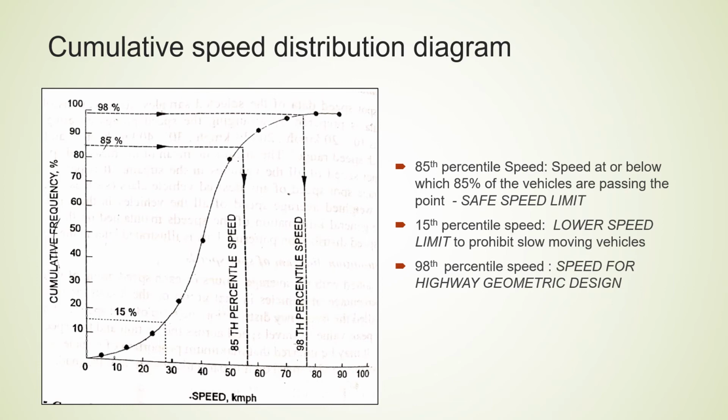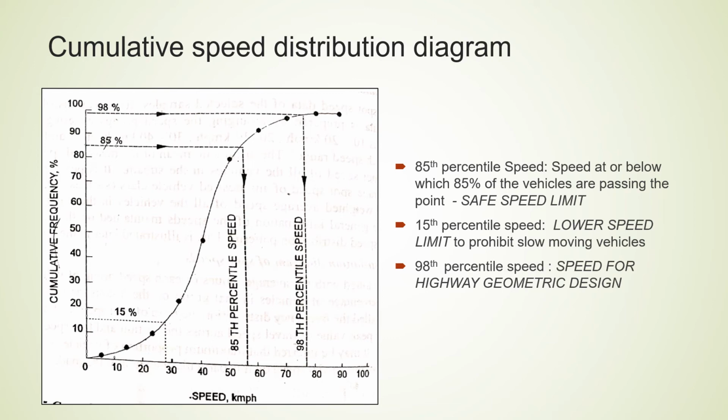I once again repeat, 85th percentile speed is the speed at or below which 85% of the vehicles are passing the point. Or it can also be said that only 15% of the vehicles exceed the speed at that spot.